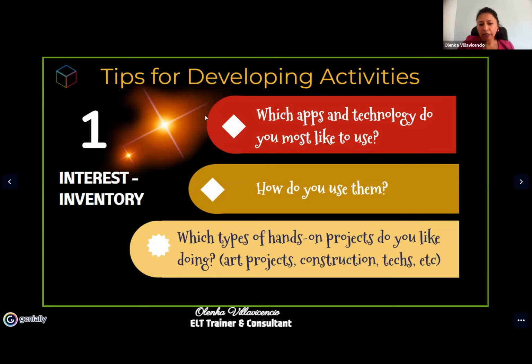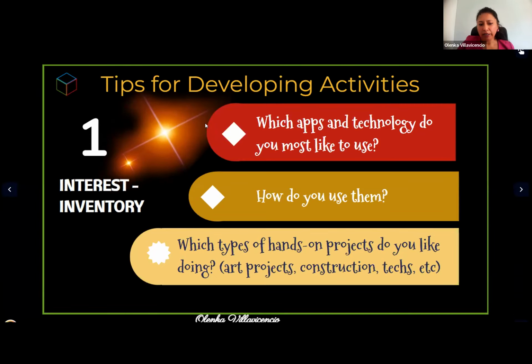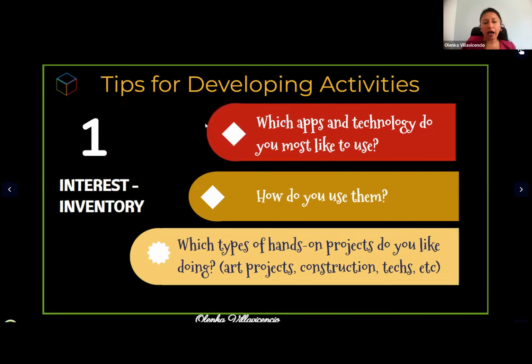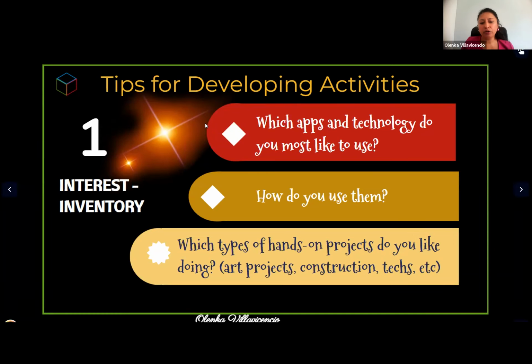Could you please put in the chat? Instead of Genially, what do you use? Maybe you use Canva or Google Slides, or maybe for infographics, you use another tool. Okay, tell me about this section. Which application and technology do you most like to use? Okay, for Katie, Canva, Google Slides, Monica, Nearpod.